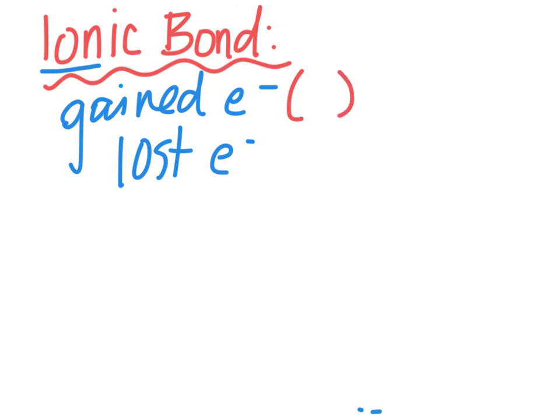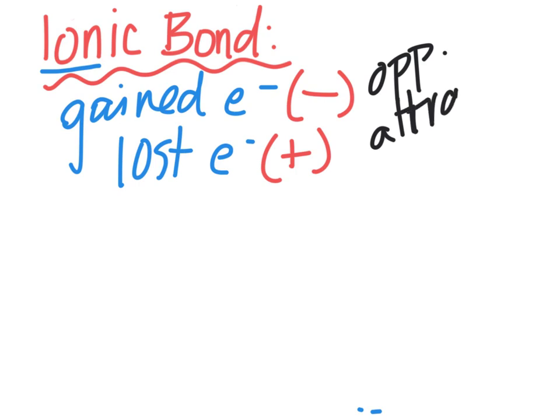When I have electrons that are gained, I form a negative ion, and when I have electrons that are lost, I form a positive ion. As this occurs, the ionic bond can form now that I have two opposing charges and the opposites attract. I need to have two opposing charges in order for an ionic bond to occur.